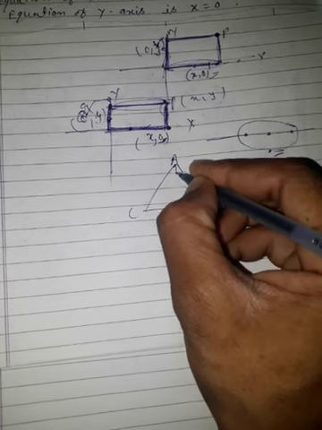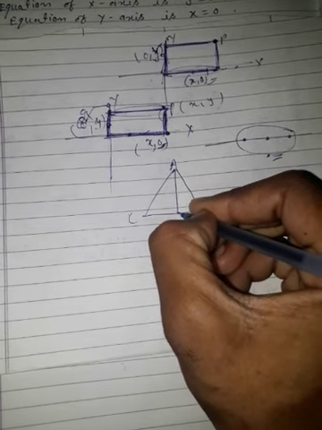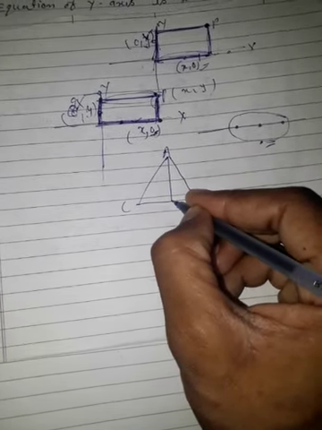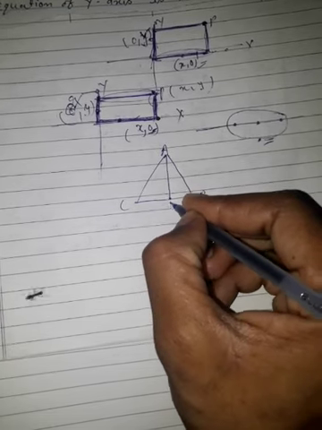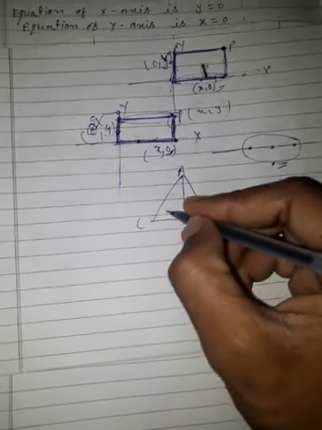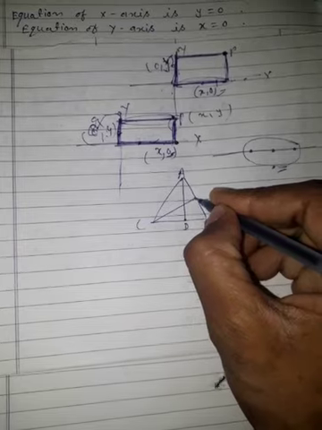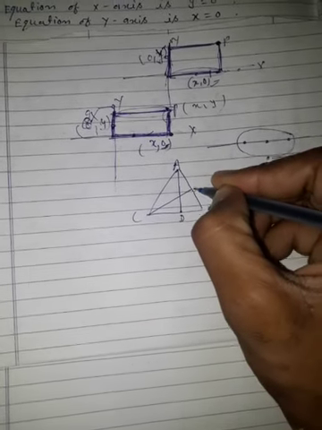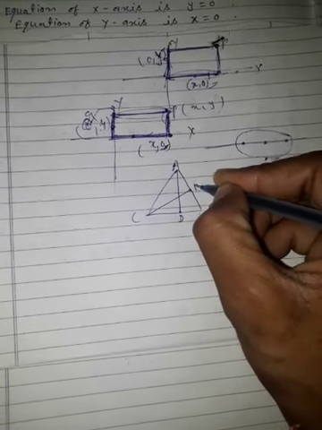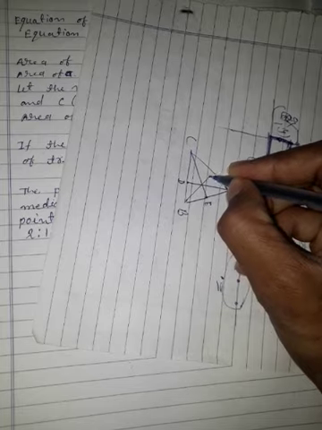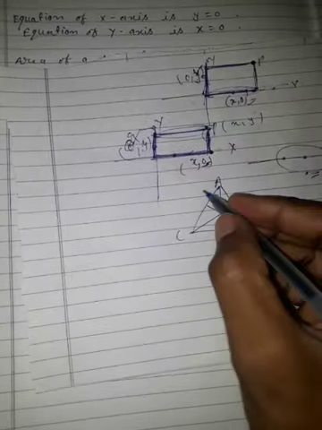The medians are A to D on BC, C to F on AB, and B to E on AC.